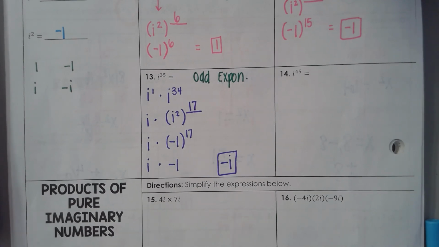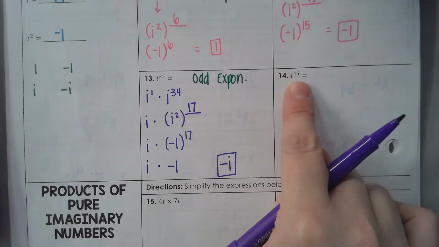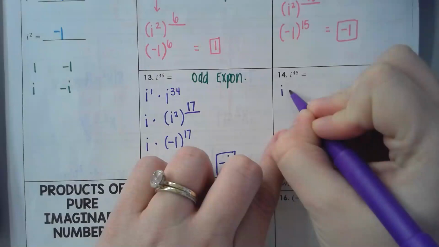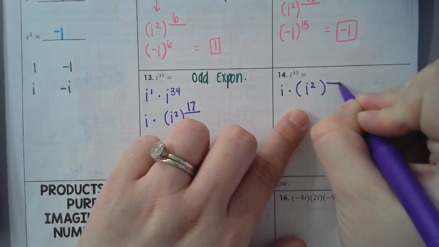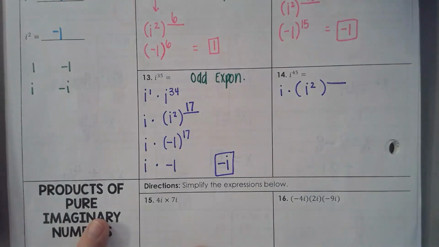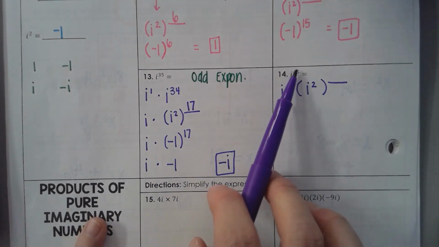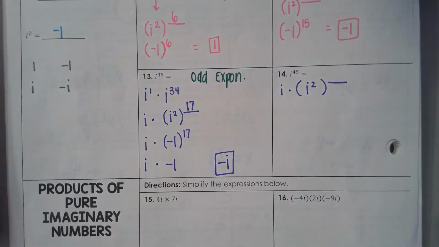And last one we're going to do of these. It's another odd exponent. So you've got to bring one of the i's out so that we can use exponent rules. If I take one of the i's, I'm left with 44. So what would go in my blank? 22.